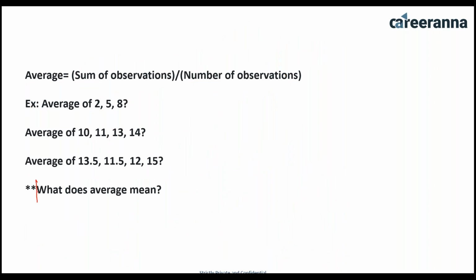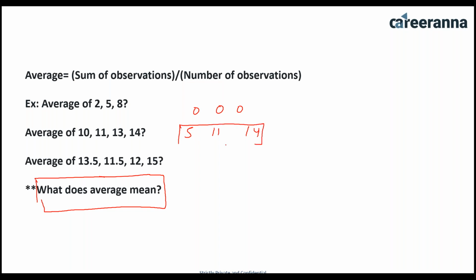Okay. So what does average mean? Let me tell you. Suppose that there are 3 people and one has 5, this person has 11, and this person has 14. Now, what is the average? Yes, 10. What does it mean?